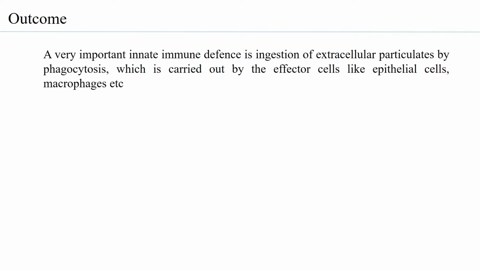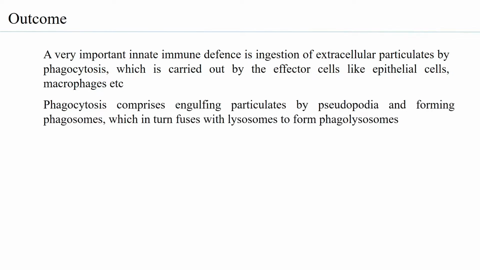A very important innate immune defense is ingestion of extracellular particulates by phagocytosis, which is carried out by effector cells like epithelial cells, macrophages, etc. Phagocytosis comprises engulfing the particulates by pseudopodia. That means the membrane extends into pseudopodia, invaginates, and then engulfs the foreign particulate to form phagosomes, which in turn fuse with lysosomes to form phagolysosomes.